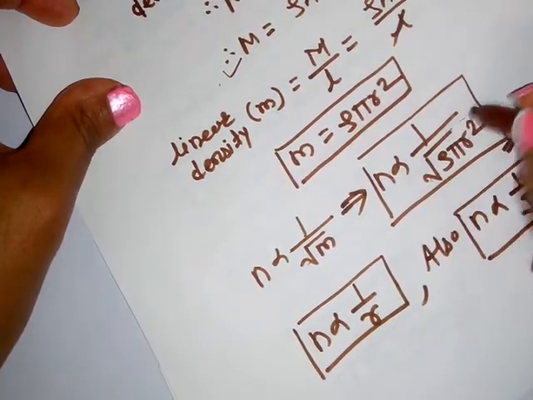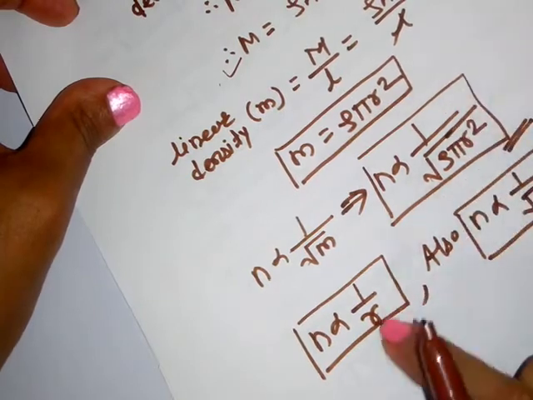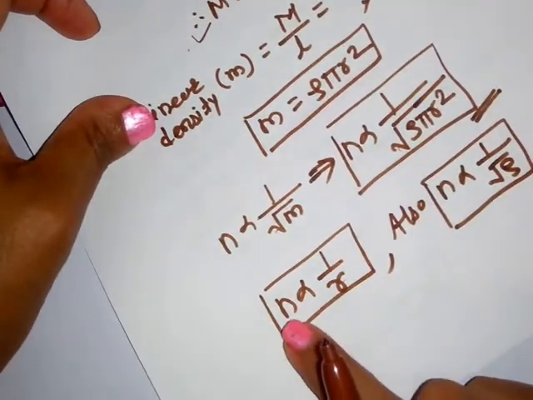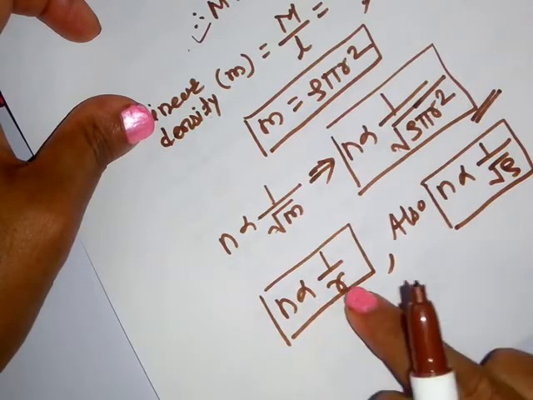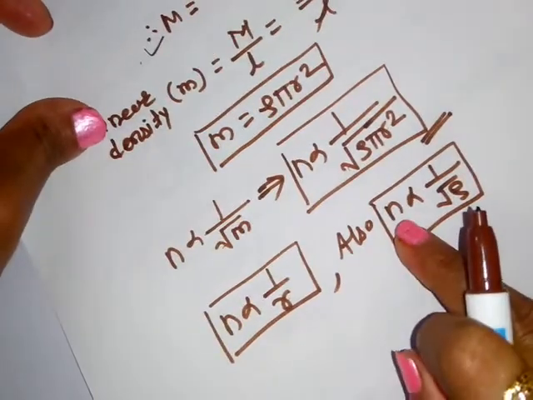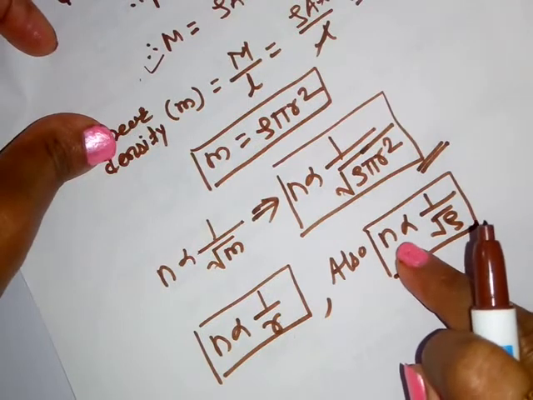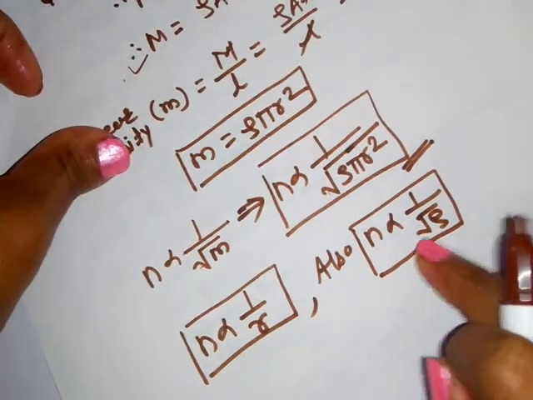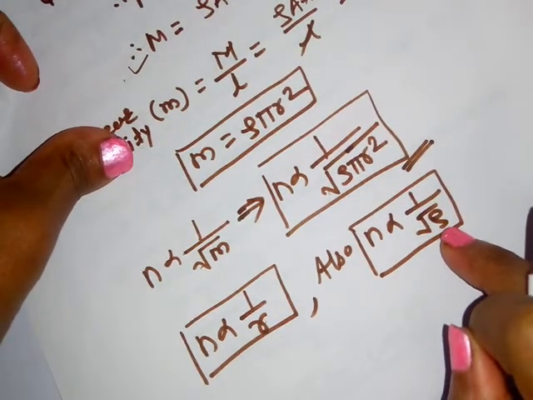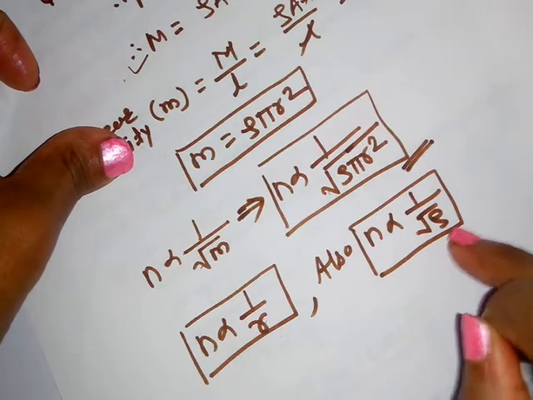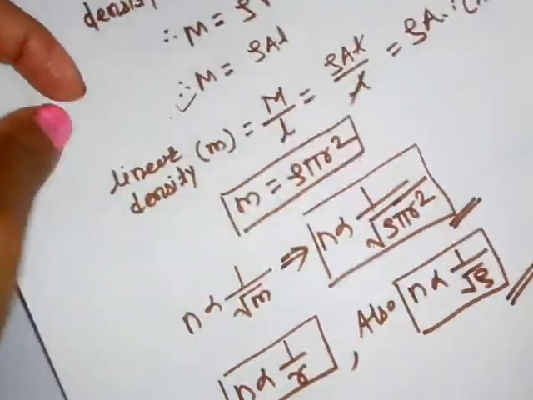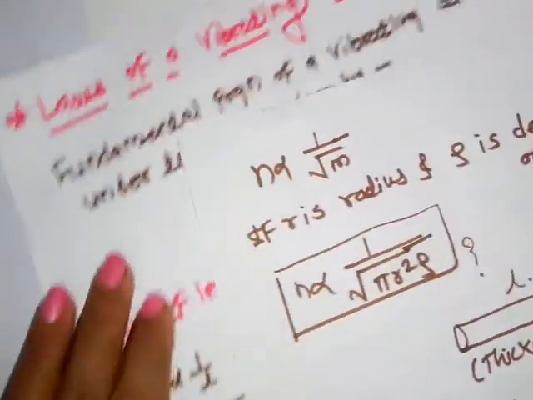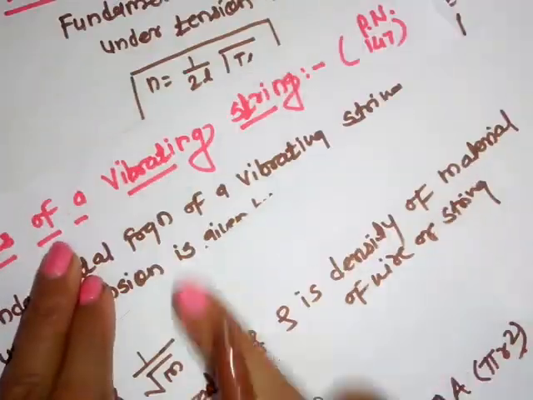In the square root there is r square, so it becomes r. This means the fundamental frequency of a vibrating string is inversely proportional to the radius of the string, and also the fundamental frequency of a vibrating string is inversely proportional to the square root of the density of the material of the string. Now this is all about the laws of a vibrating string.